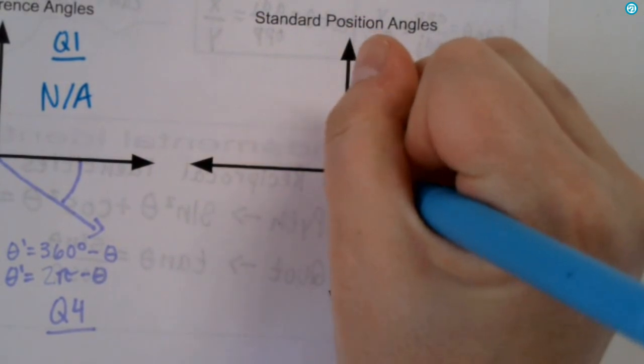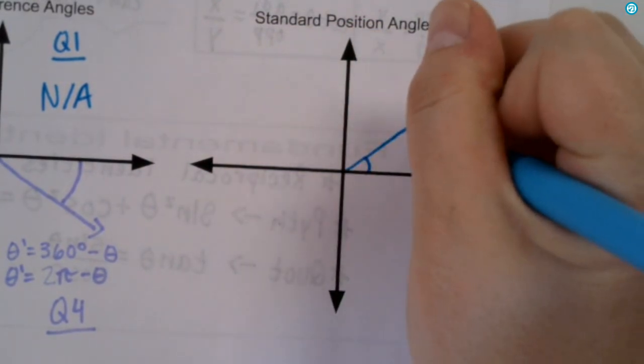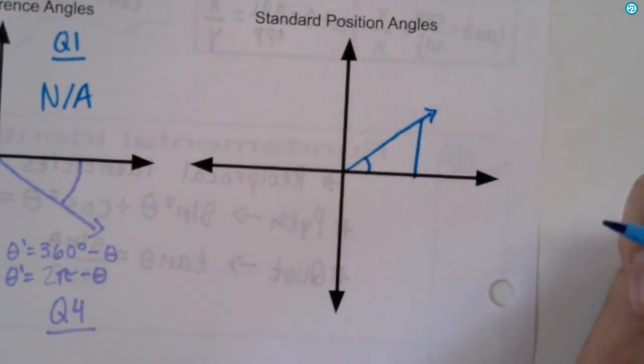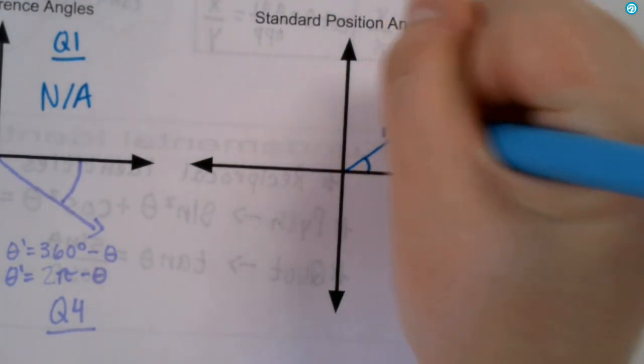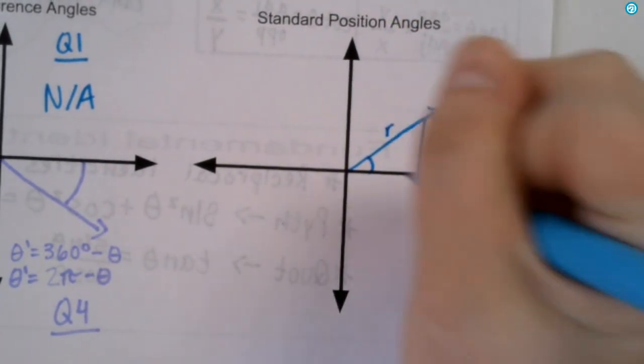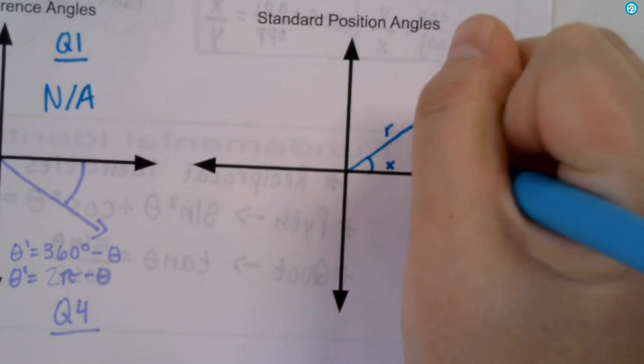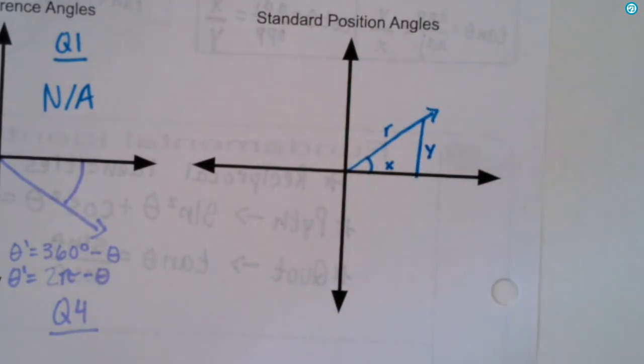For this angle, my R value is my radius. My X value is on my x-axis. My Y value is my distance from the x-axis.